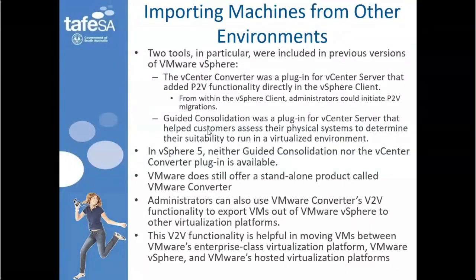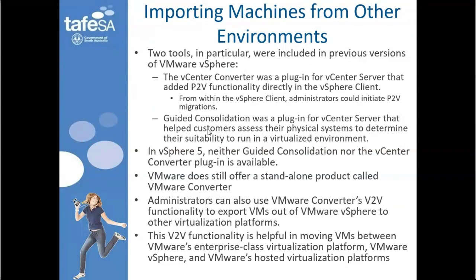Two tools in particular were included in previous versions of VMware vSphere. The vCenter Converter, which is a plugin for the vCenter server, adds the P2V functionality. If you don't know what P2V means, it's physical to virtual. You can take a physical server that you already have and convert it into a virtual machine.